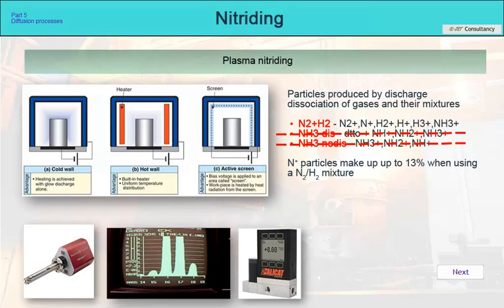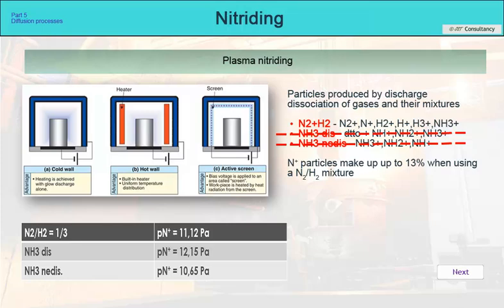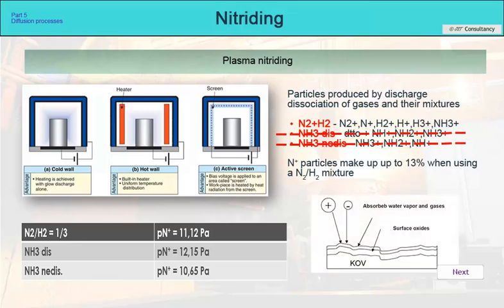Due to discharge dissociation, atmospheres composed of pure nitrogen and hydrogen gases are as efficient as ammonia-based atmospheres. The table shows that in all cases, we can obtain roughly the same amount of active gas particles from the working atmosphere. The advantage of nitriding in plasma is that not only thermochemical reactions are involved in the process, but there is also a physical effect.